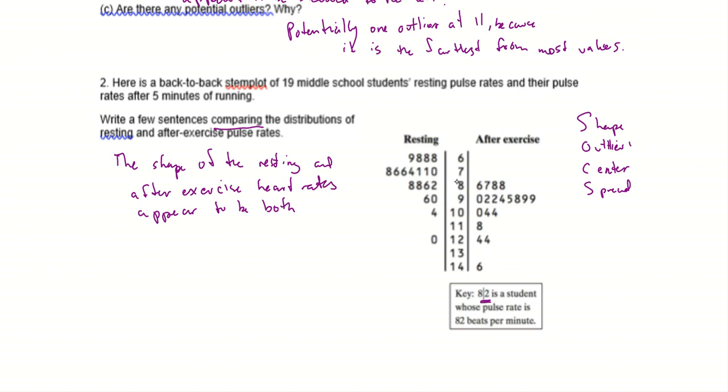So it definitely has some values which are starting small and getting larger. So that's going to the right. So both appear to be skewed right. Okay, both skewed right.